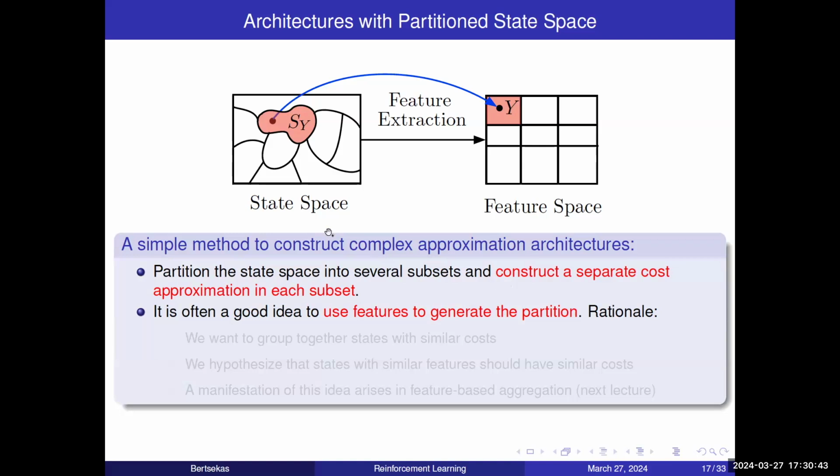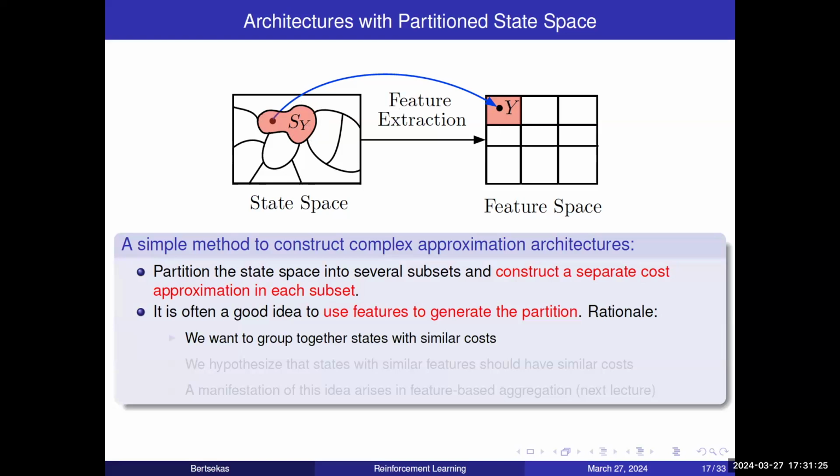But a different idea is that we use some features and we look at states through feature extraction, and we do a regular partition of the feature space, and then we map it back to the state space, so that, for example, states belonging to the same subset of the feature space should be grouped together in the original state space. And intuitively, we would like to group together states with similar costs.